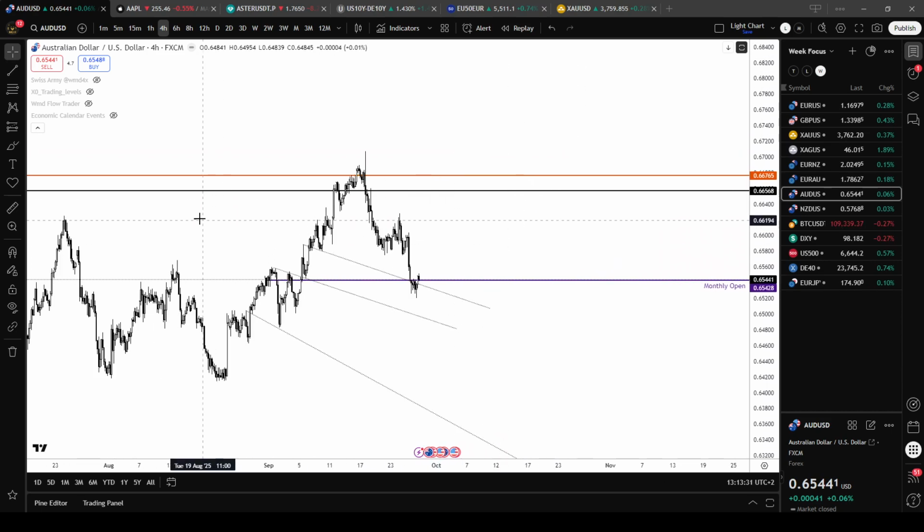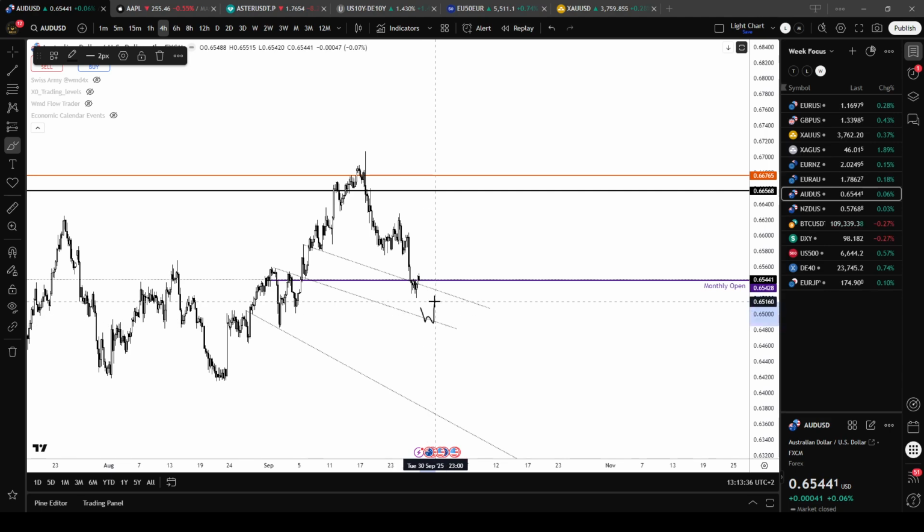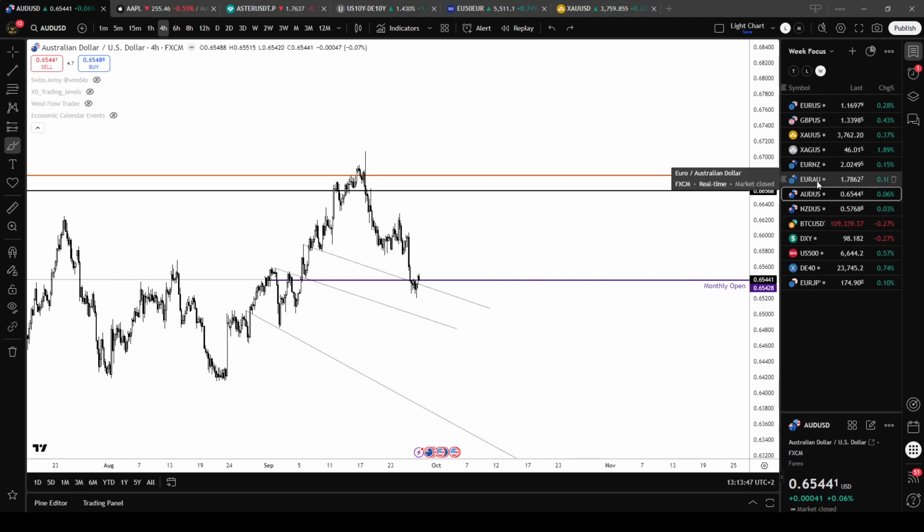And I do think that these trend walls are going to offer support to the AUD, and that it's not going to drop as significantly as the Euro.